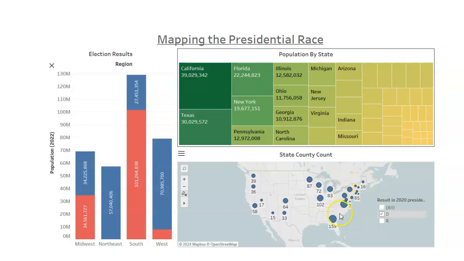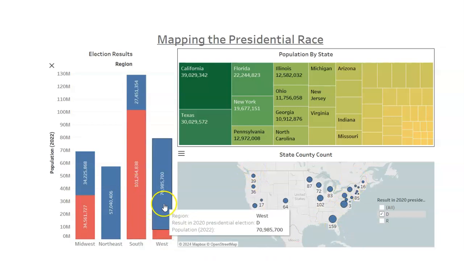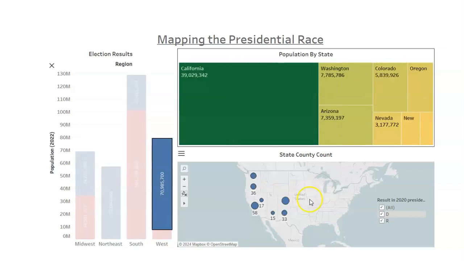And we're looking at East Coast. I mean, East Coast is a complete wash. And then here we see West. And we can also see that graphic here where almost the entire West Coast is dominated by Democrats, as you can see.